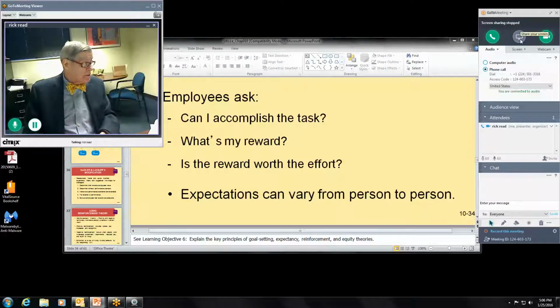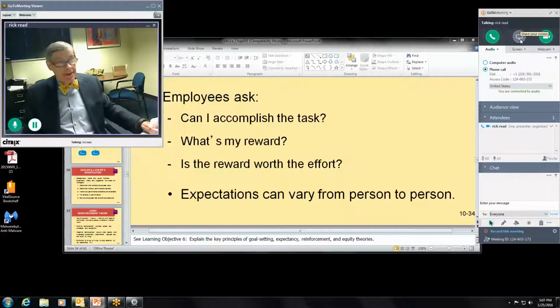Now, if you look at the top of page 281 in your text, we say, can accomplish the task. If the person says no, he or she's not motivated. And then we come over here, is the reward worth it? If it's not, again, not motivated. And if the two answers are yes, then that person is motivated.